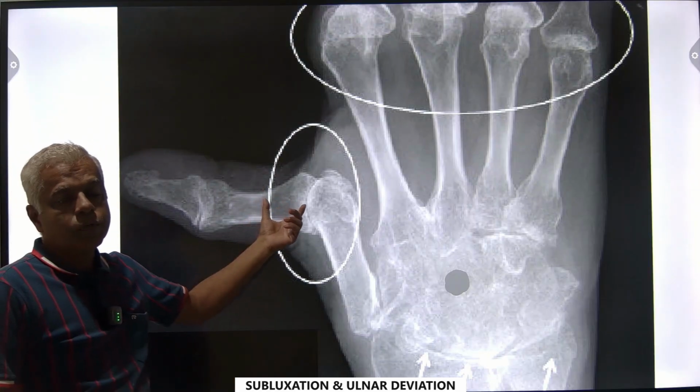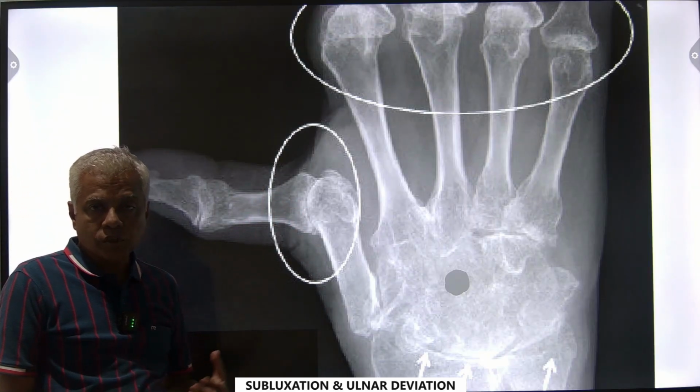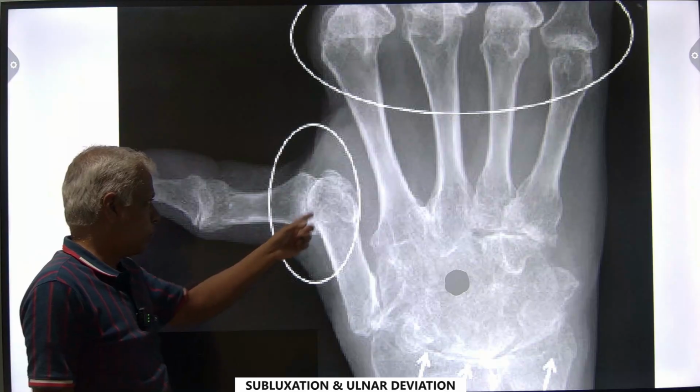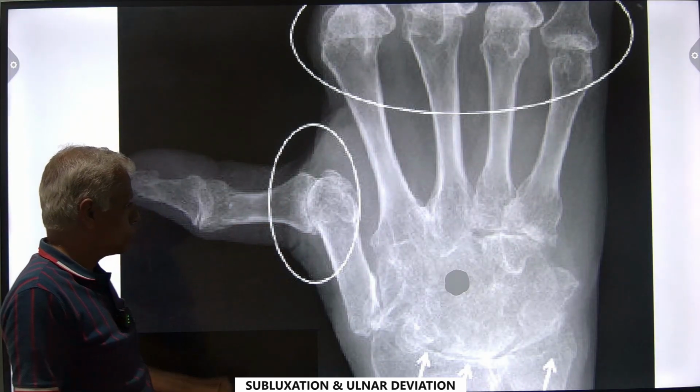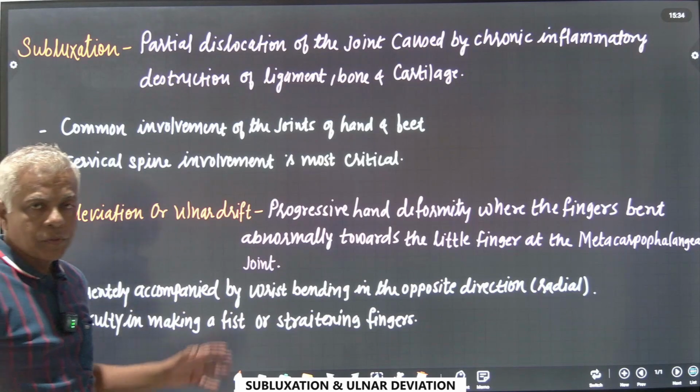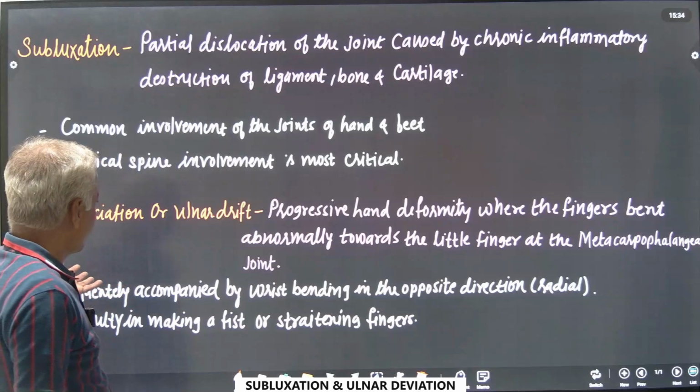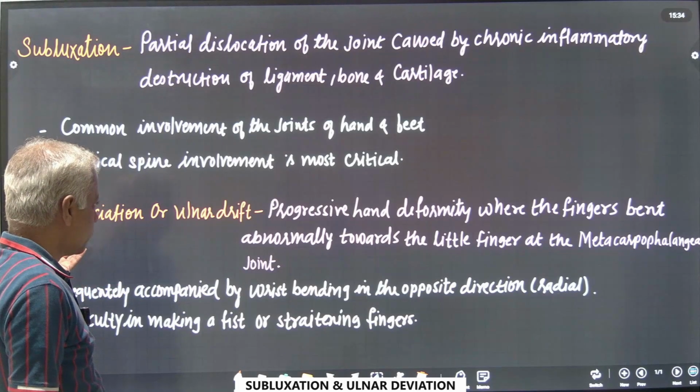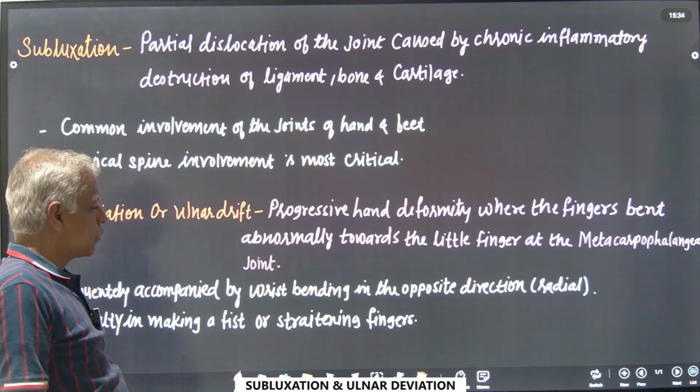So because of the damage to the cartilage and the bones and the ligaments, this metacarpophalangeal joint is showing a subluxation. Now here we will see one more deformity, that is ulnar deviation or the ulnar drift.